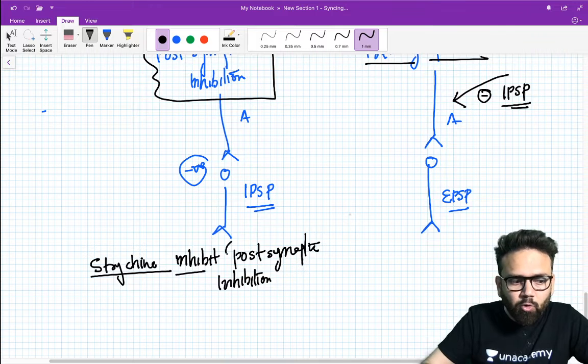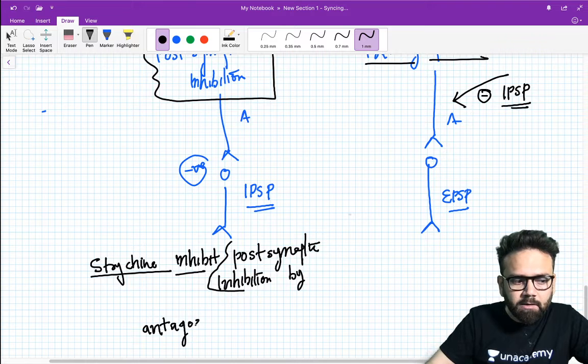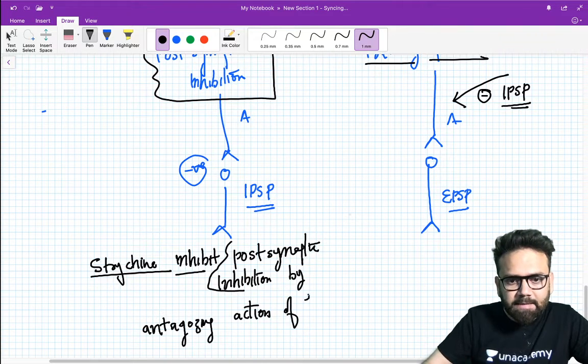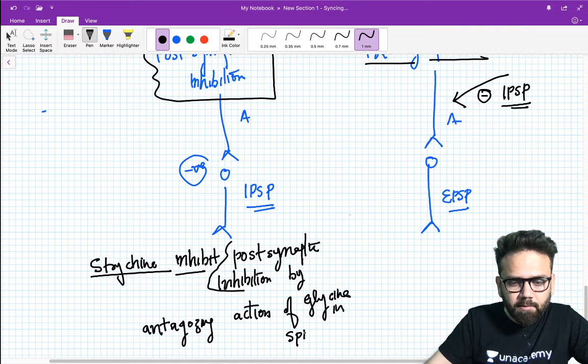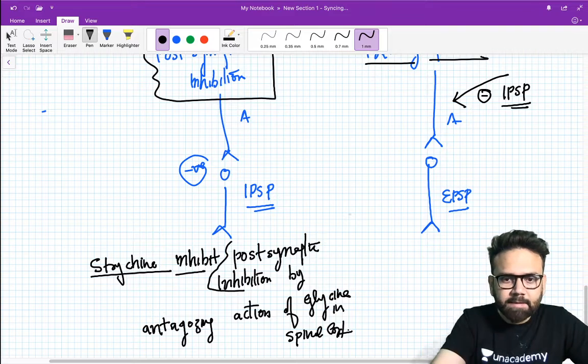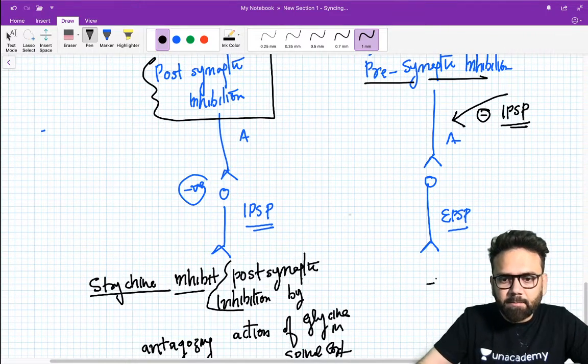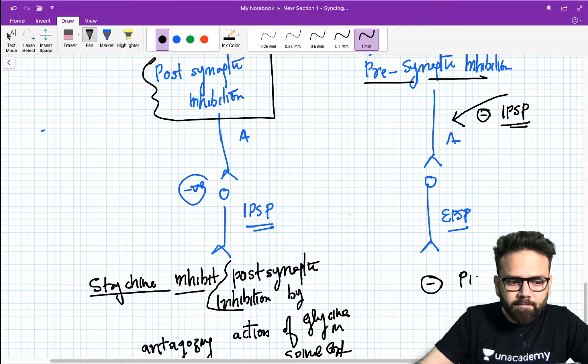Strychnine inhibits postsynaptic inhibition by antagonizing the action of glycine in the spinal cord, and this is inhibited by picrotoxin.